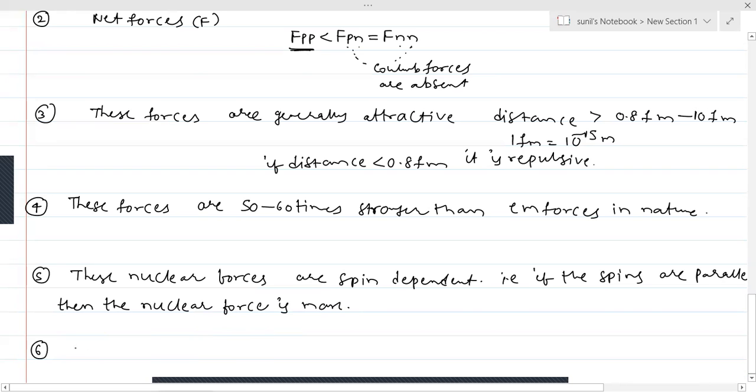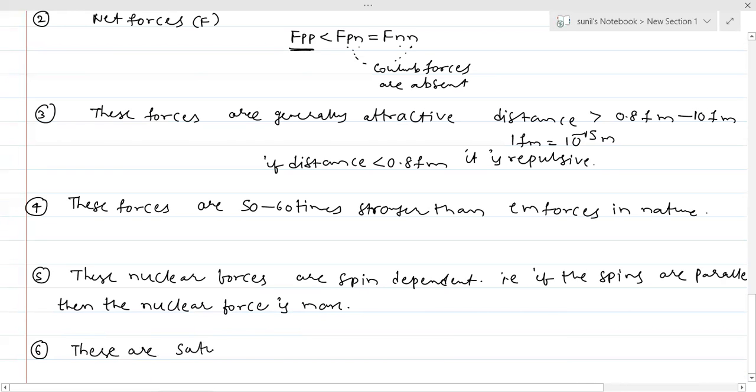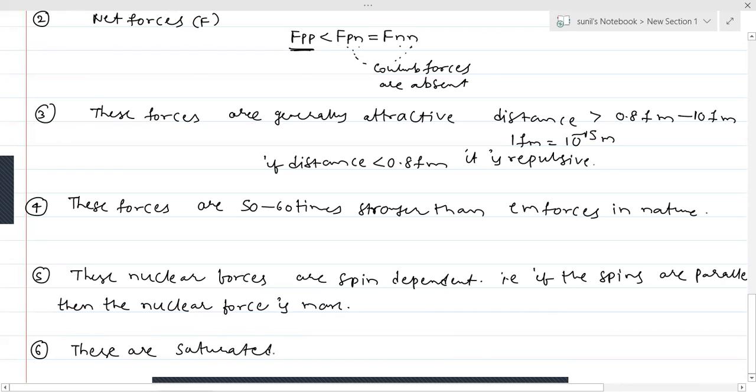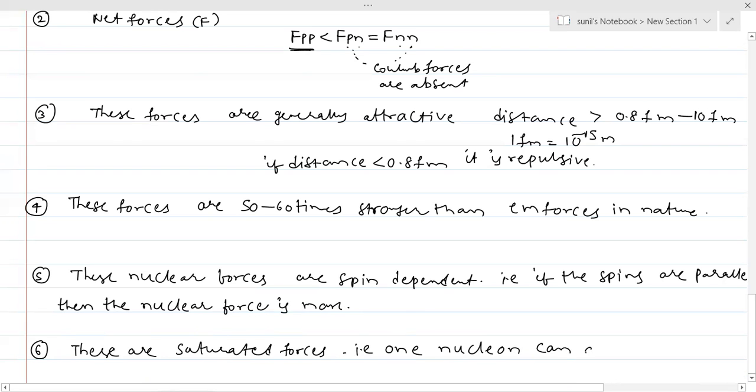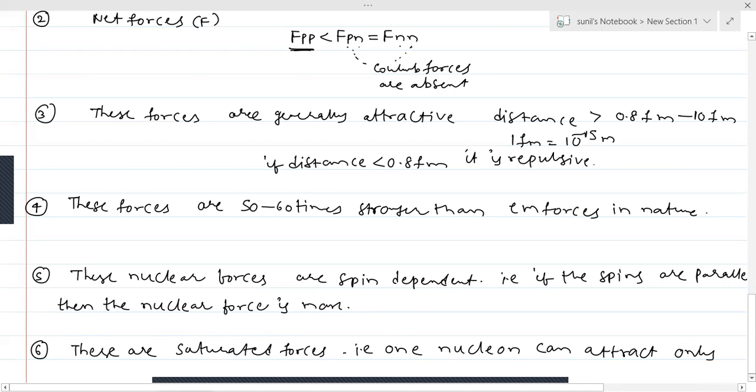Next, these are saturated forces. Saturated forces means they will be satisfied easily. That is, one nucleon can attract only the neighborhood nucleon.